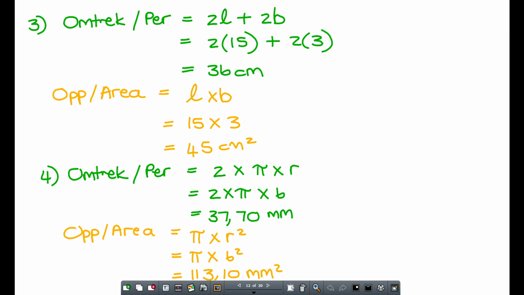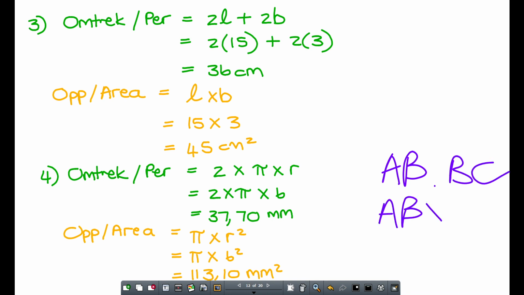So for those of you that did not know that, if I were to give you this, AB dot BC, it's actually AB times BC. Yeah, okay. So that's why over here, like at 4, I'd rather use a comma instead of a dot.